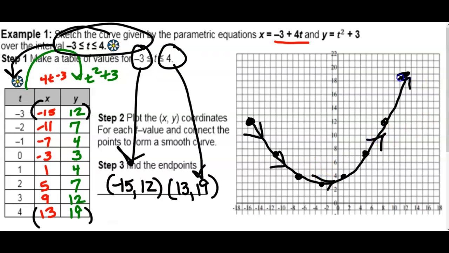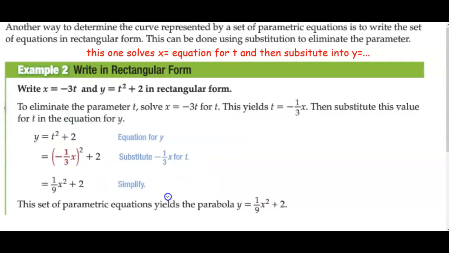I shouldn't have made this arrowhead be so far out here, because it looks like it's on the end and it's not. It ended at 13, 19. I don't know if that's right, but it does end, okay? It does not continue if you are only talking about the values between -3 and 4. The arrowheads are simply orientation. So that's graphing a parametric function.